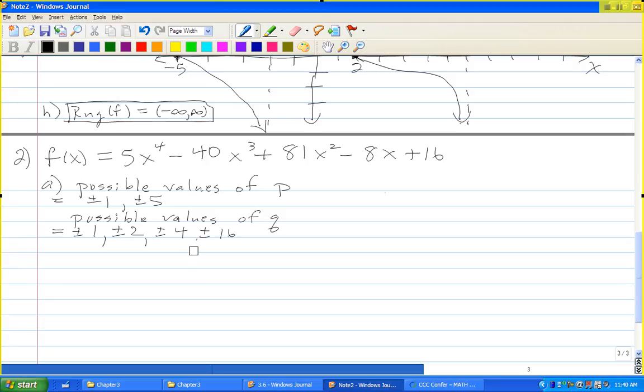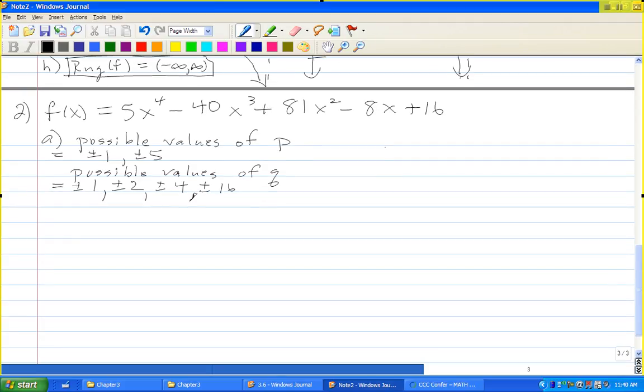Just the factors of the constant term. I should have called it the other way, because I think we call it P over Q. So this is Q, P. Possible values of P over Q, of the roots.